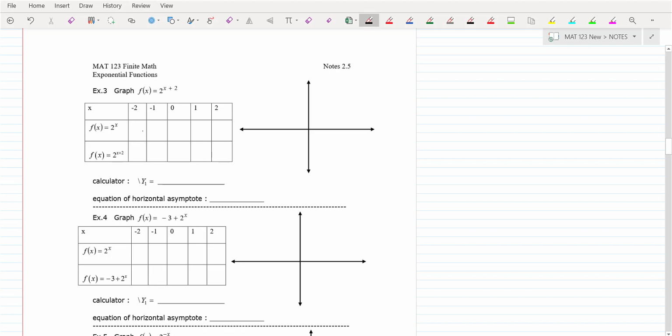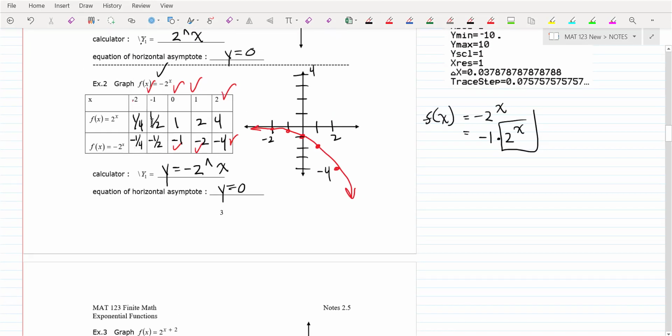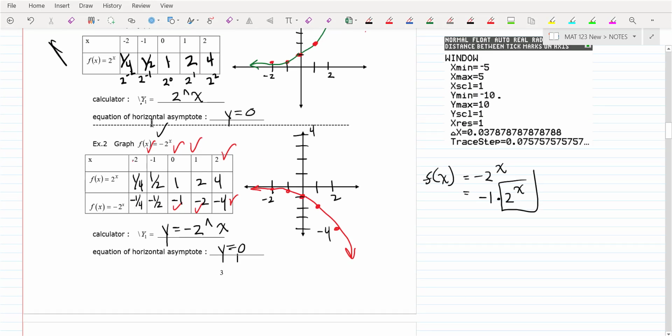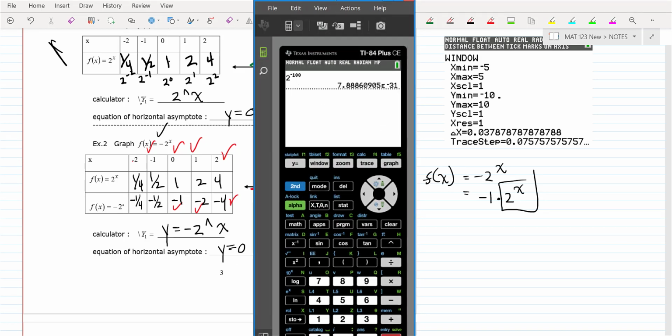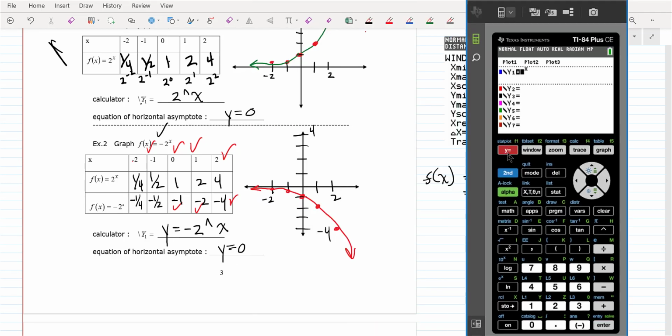On the previous one, what about the part where it says /y1? That's just how you put it in your calculator. On a TI, usually it comes up like /y1. Is that just what you would put in the calculator to show? Yes.